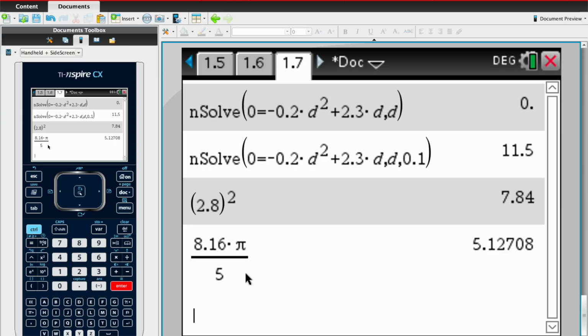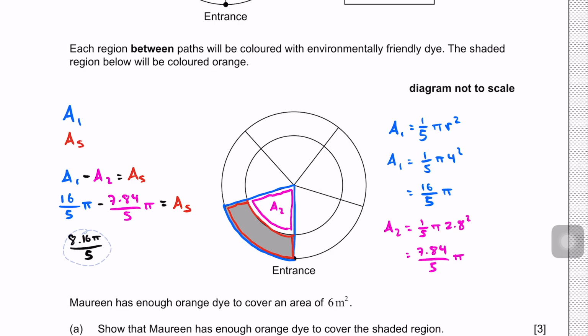So our final answer is 5.127 meters squared. So what does that mean? Let's go back to the document here.